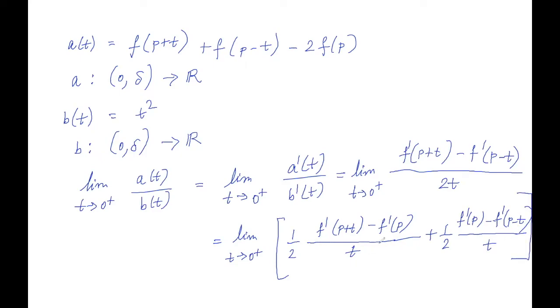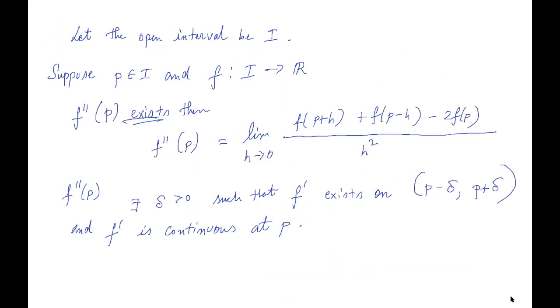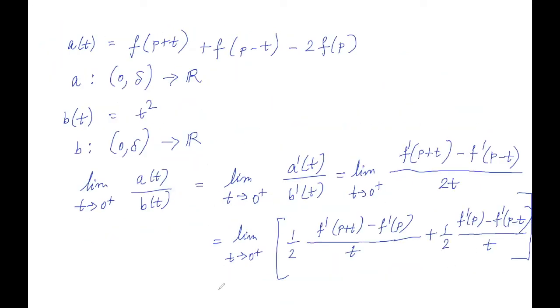Now you see that we have already proved that f double dash x has these two forms, and we have those two forms here, so we can write them as half f double dash x plus half f double dash x, and this is nothing but f double dash x.